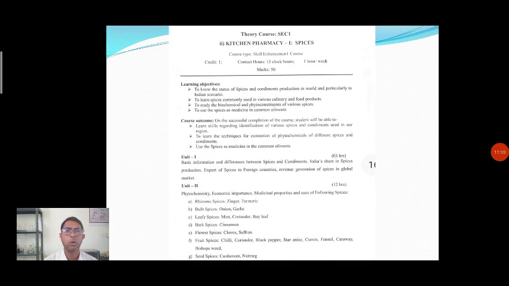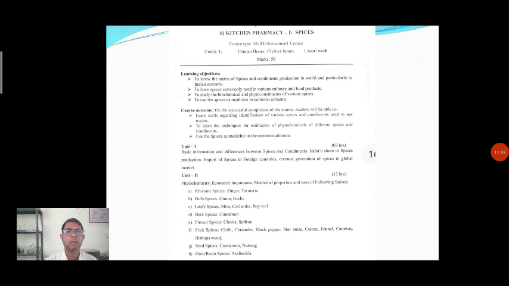Along with these, flower spices, that is cloves and saffron, and fruit spices like chili, coriander, black pepper, and many more, but particularly we are going to focus on chili, coriander, black pepper, star anise, cumin, and fennel. Next, it includes seed spices like cardamom and other structures, which we are going to discuss in unit number 2.